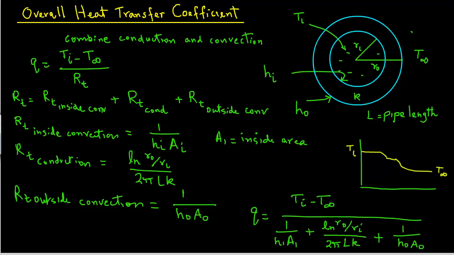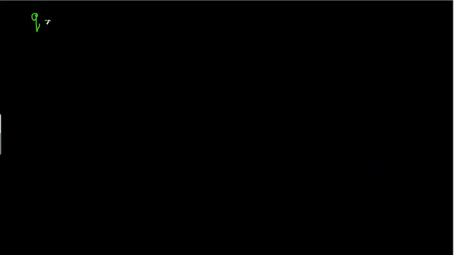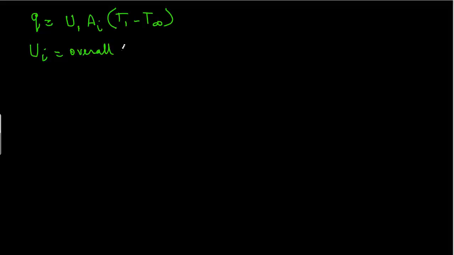To obtain an expression for overall heat transfer, we will write an equation very similar to convective heat transfer. So overall heat transfer is from the inside to the outside, which includes both convection as well as conduction. So we will write Q equals Ui times Ai times Ti minus T infinity, where Ai is the inside area of the pipe, and this term Ui is the overall heat transfer coefficient, which is based on the inside area of the pipe.